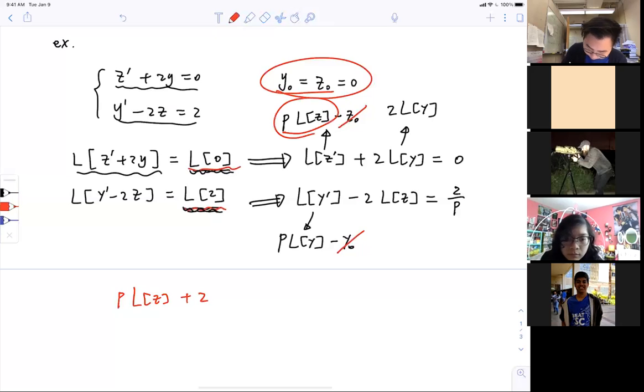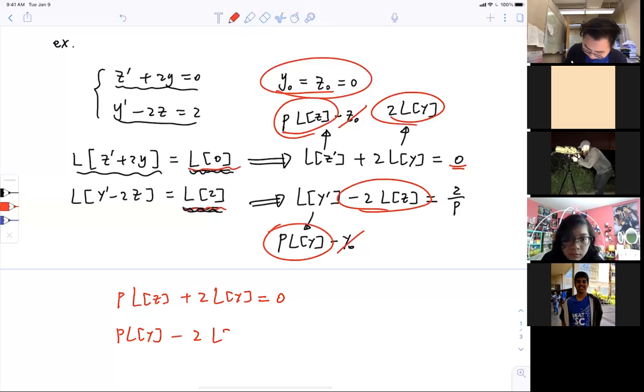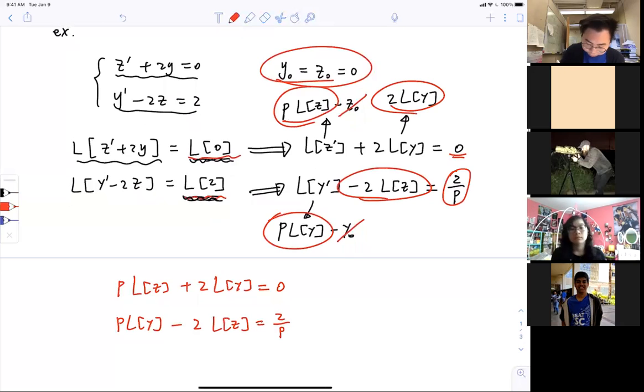This term plus this term equal to 0, and this term minus this term equal to 2 over p. If you forgot to transform this right hand side, you would get 2 instead of 2 over p.